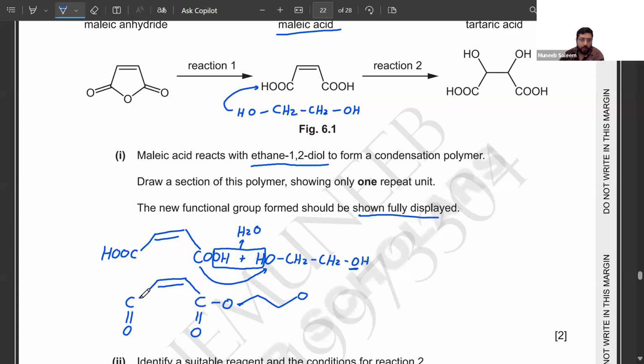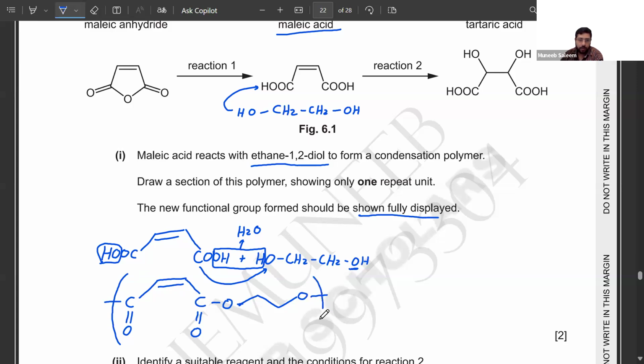Now, I do know that this OH of the carboxylic acid must also be removed because it is used in condensation. So that's the part which I'm going to show like this, because I need to show only one oxygen over here. And then the oxygen of the alcohol is also similarly bonded with the carbon chain of the acid.